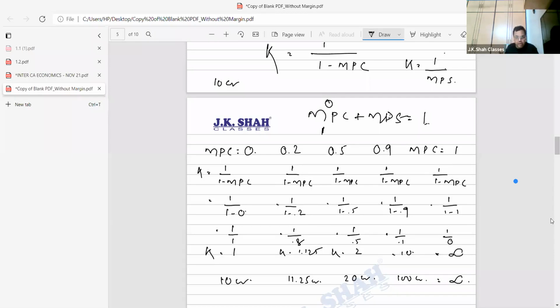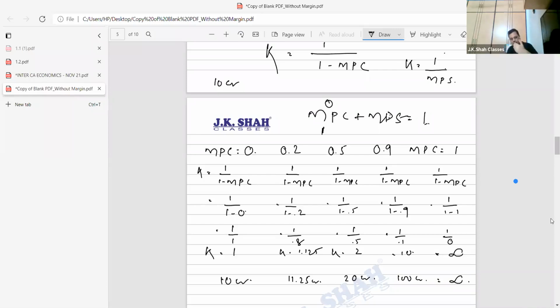Moral of the story is, students, please always remember: how much money you earn, and out of that how much you spend on consumption, will determine your value of MPC and value of multiplier.